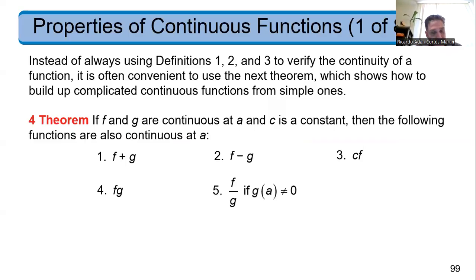When we subtract continuous functions, the result is a continuous function. When we multiply continuous functions, the result is a continuous function. And when we divide continuous functions, the result is going to be continuous as long as g is not equal to 0. In that case, we're going to probably have a discontinuity.